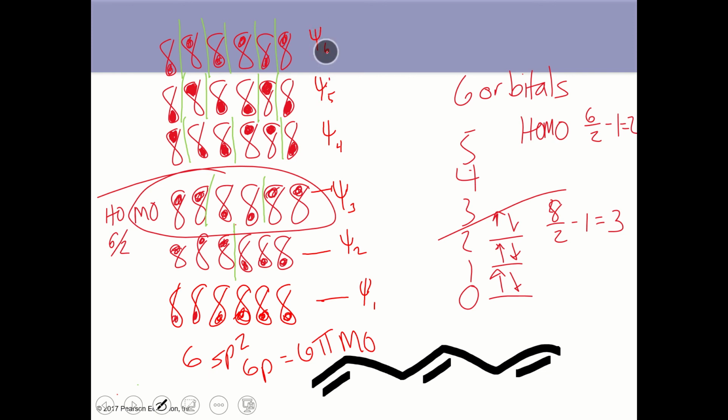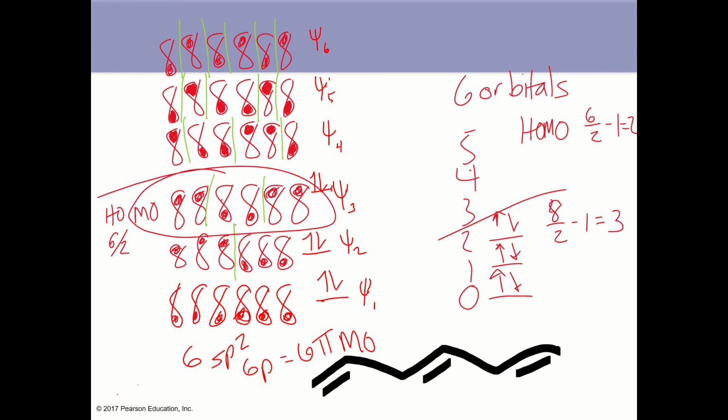We have a total of 6 sp2 carbons, so we should have a total of 6 pi molecular orbitals. We have a total of 6 pi electrons as well, so we should fill in our orbitals until we've used all 6 electrons. So we fill in Psi1, fill in Psi2, that brings us to 4, and then if you fill in Psi3, that brings you to 6 pi electrons.